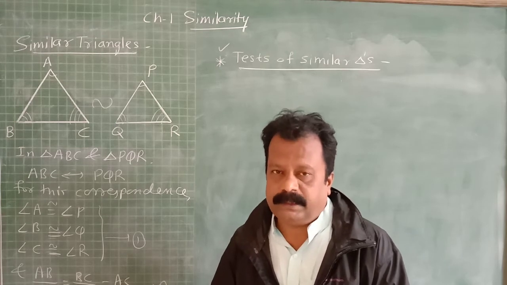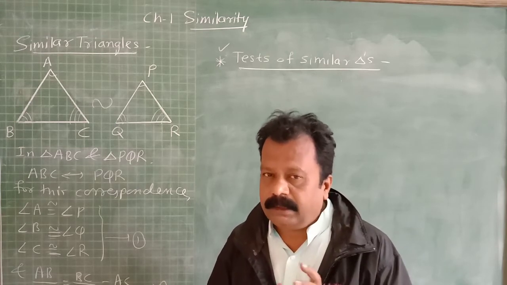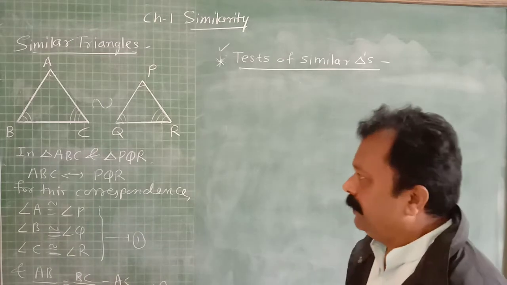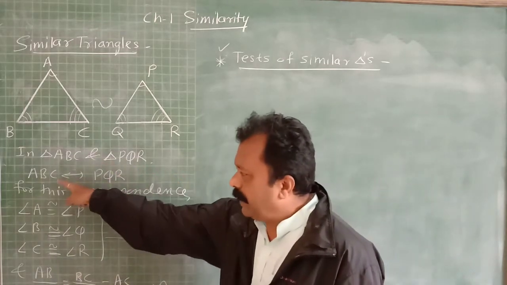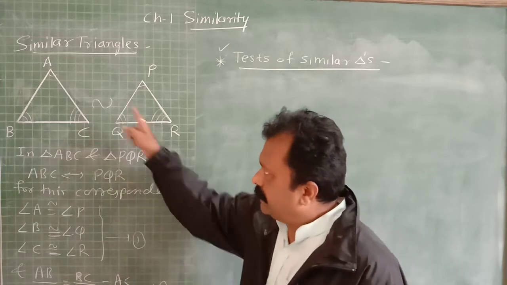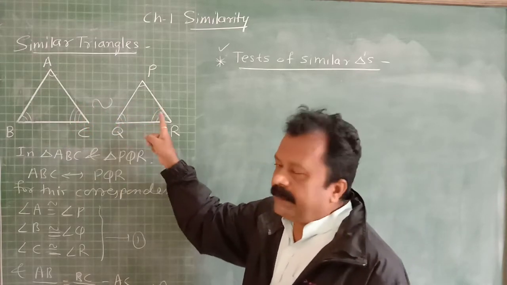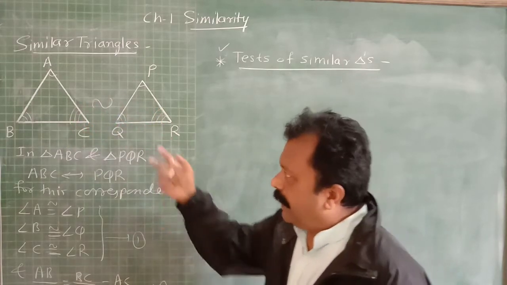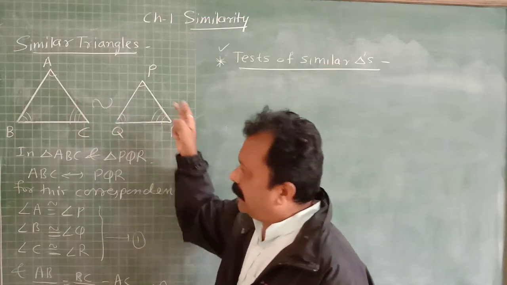Now, try to understand what similar triangles mean. 6 conditions must be satisfied. Means in triangle ABC and triangle PQR, ABC corresponds to PQR. For this correspondence, 3 pairs of corresponding angles are congruent and 3 pairs of corresponding sides are in proportion.